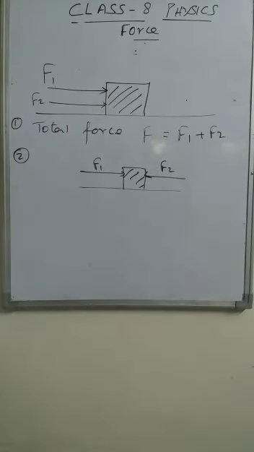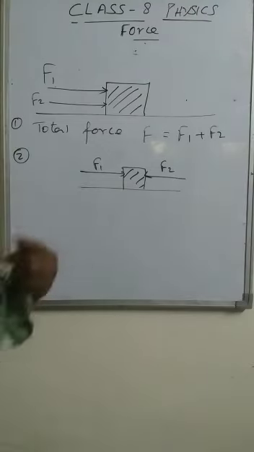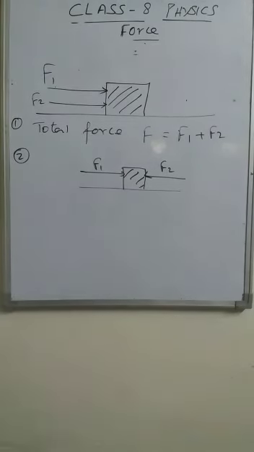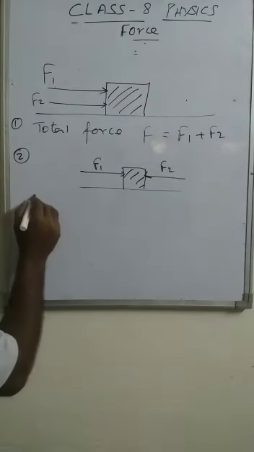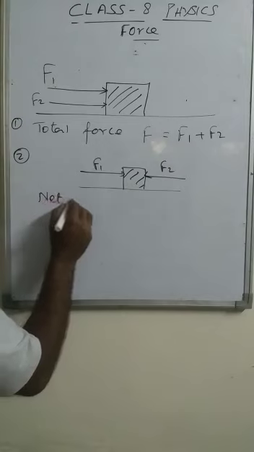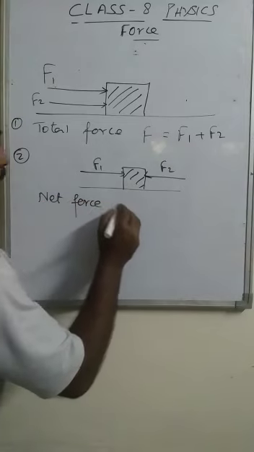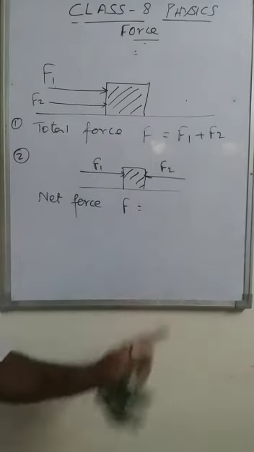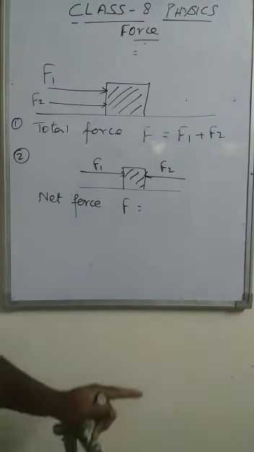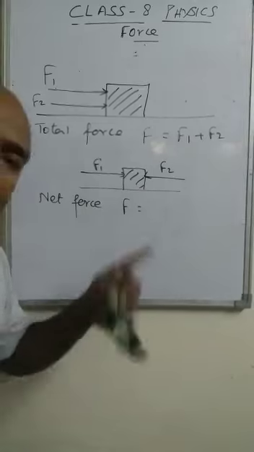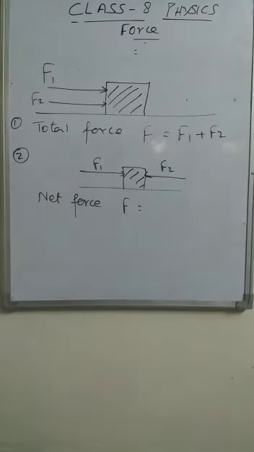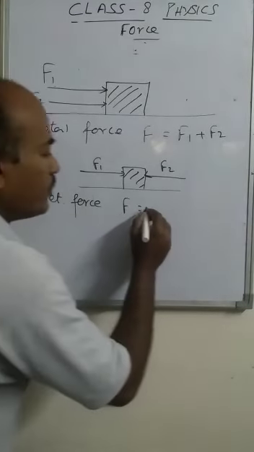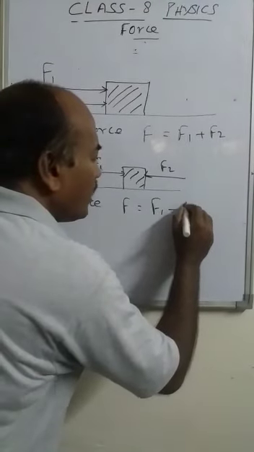Here we find the net force. We should say it is the net force or resultant force applied on this object. The resultant force or net force acting on this object, that is F equal to, since the two forces are acting in the opposite direction, the difference of the two forces must be taken. The difference of two forces, that is F1 minus F2.